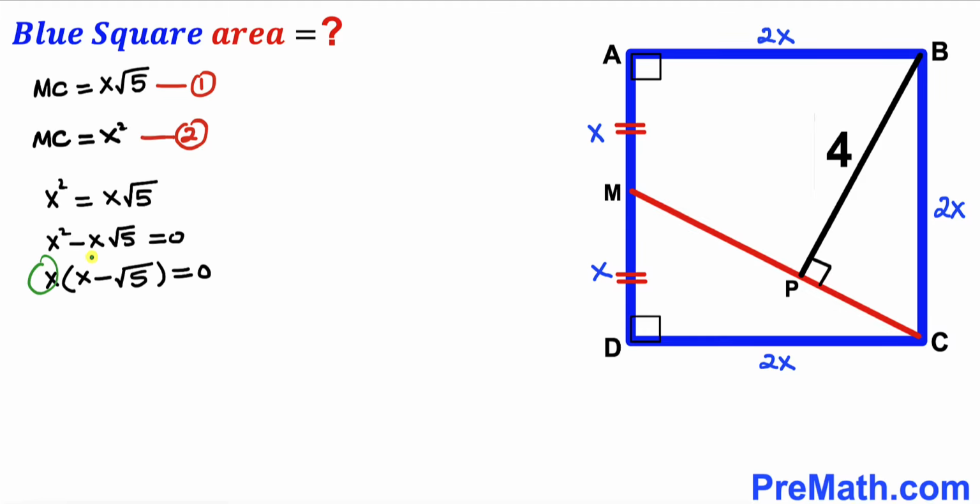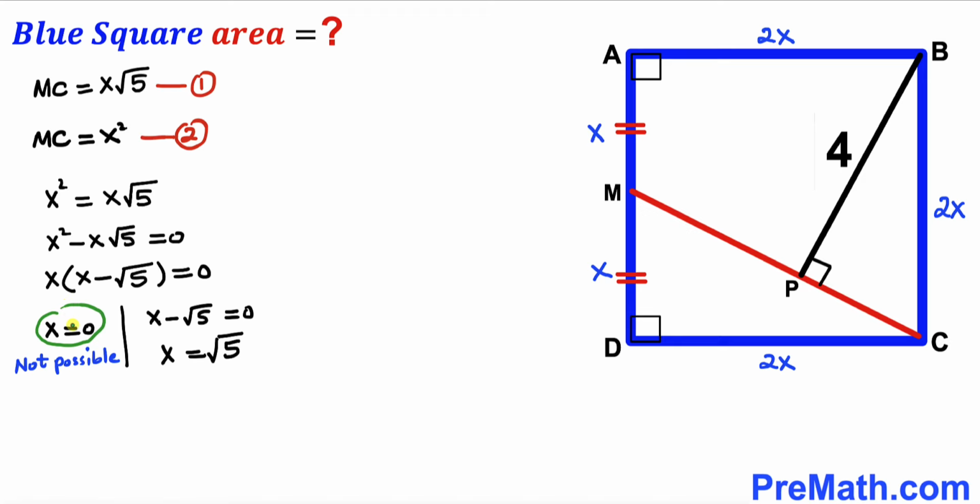Since we got these two factors, either x equals 0, or x minus square root of 5 equals 0, or simply x is square root of 5. Now we can see x cannot be equal to 0. So we are going to reject x equals 0, and we are going to accept x equals square root of 5.